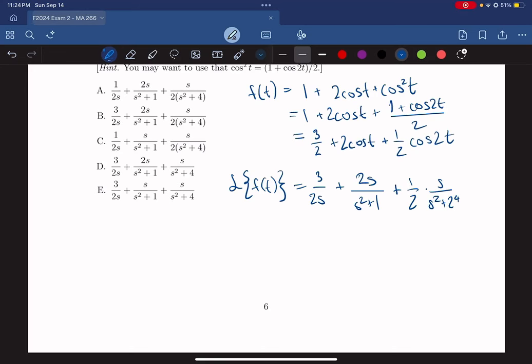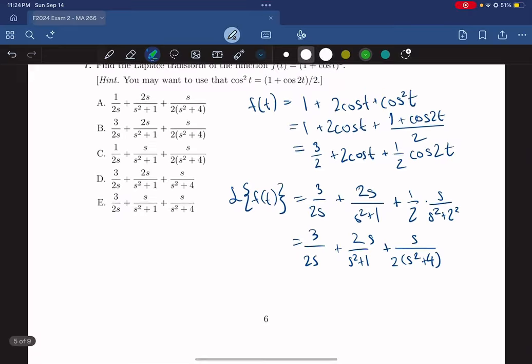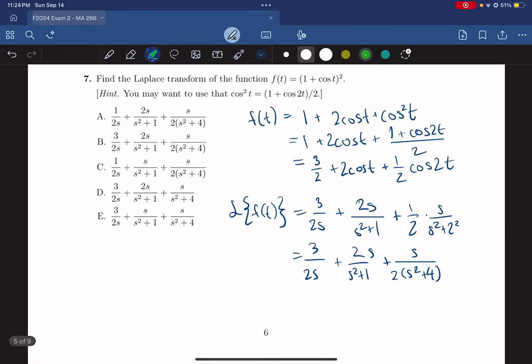So finally, we're going to have 3 over 2s plus 2s over s squared plus 1 plus, and then you're going to have s here, 2 times, this should be 2. Like that. And I believe our answer should be B, which checks out.